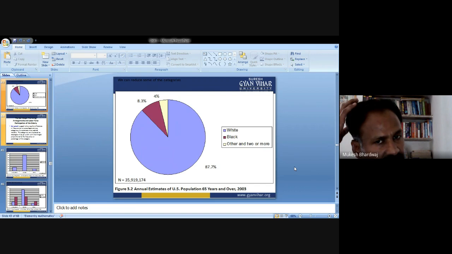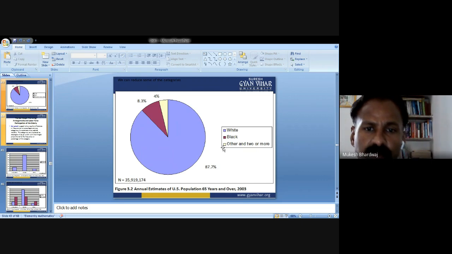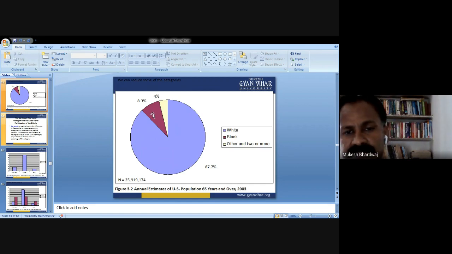The smaller categories can be clubbed into a bigger category, represented through the yellow color, which is approximately 4%, and the rest is the same, that is 87.7% white people, 8.3% black people, and all other subcategories combined give 4%.